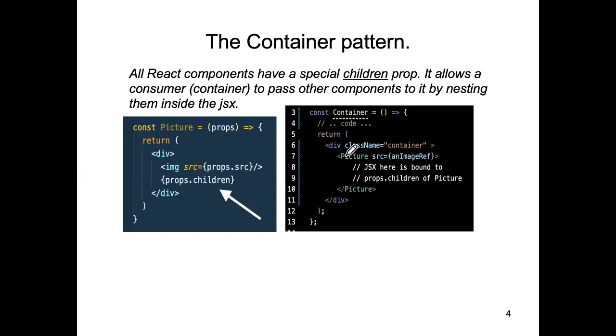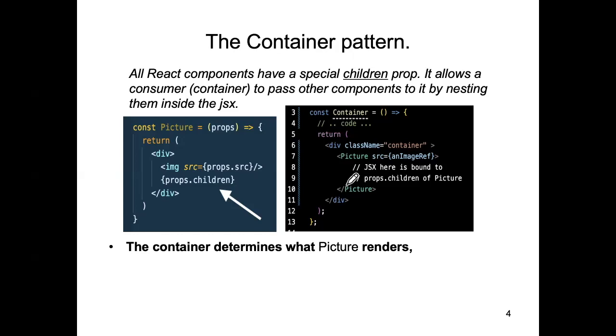I'm using standard HTML in that I've got an opening picture tag and a closing picture tag. But nested within those tags, I can put essentially any HTML or JSX that I want to. And whatever JSX I put here will be bound to the children prop of picture. So when I go props.children inside picture, it will be equivalent to or assigned this expression here.